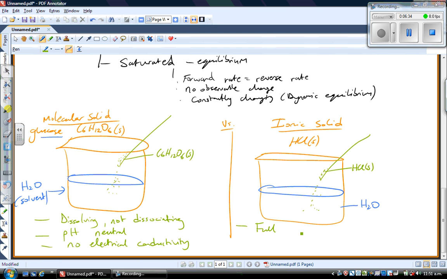So for strong acids such as HCl, you have full dissociation. And we're using the word dissociation here and not dissolving, because dissociation involves the ions breaking up. So the ionic compound breaks up into its component ions. And I'll just do this briefly for one of the ions.